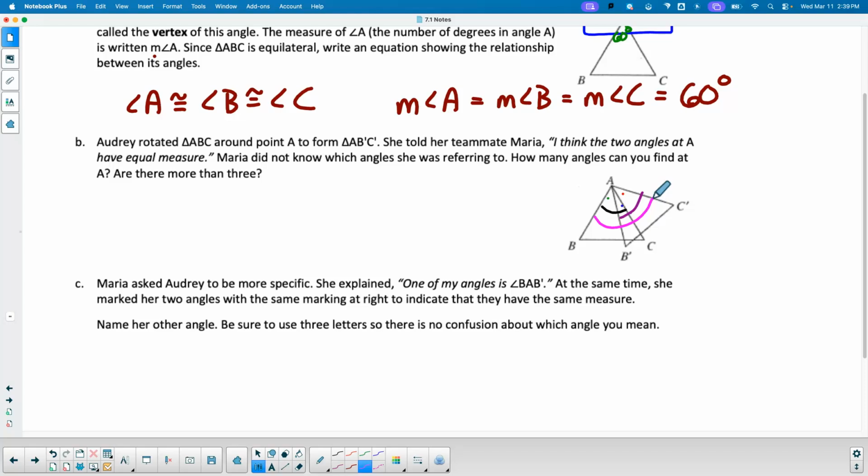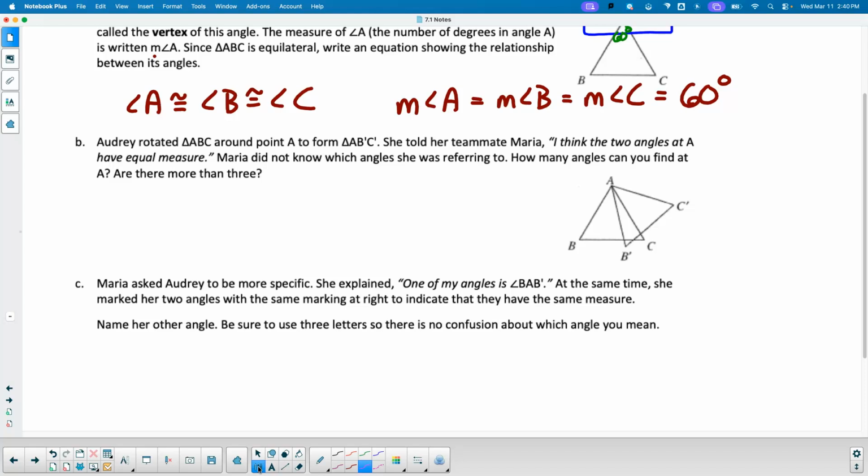So there's really 6 angles at angle A. So I can't use one single solitary letter to describe any of those angles at angle A.